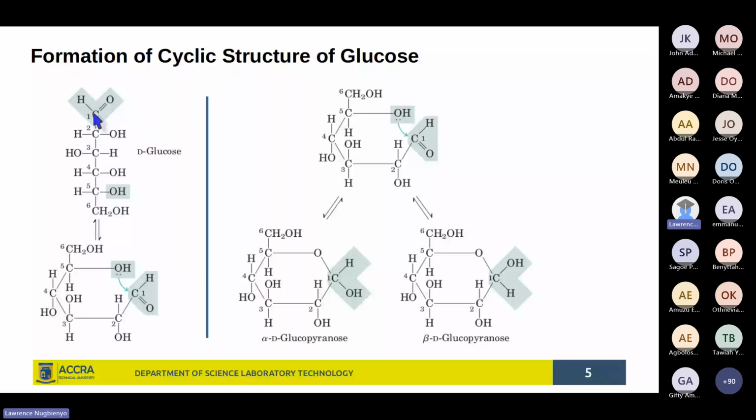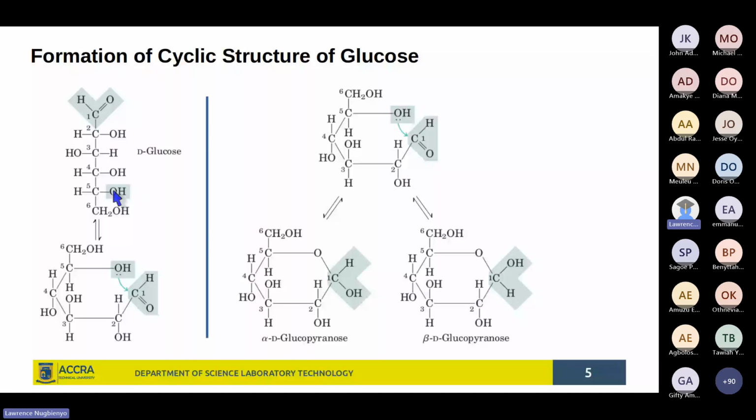That is on carbon number 1. You have that aldehyde group there. And we see on carbon number 5, there's a hydroxyl group that is also shaded. Now, these two groups are shaded because the interaction that results in the cyclic structure of glucose is between these two shaded groups, the aldehyde group and then that hydroxyl on carbon number 5.